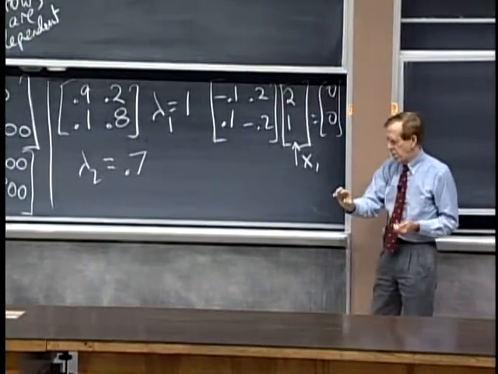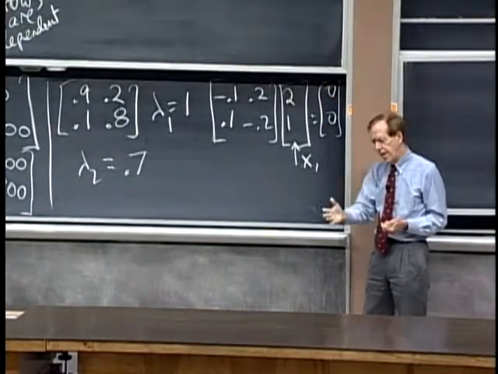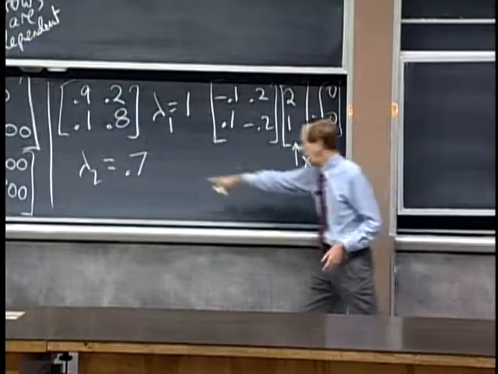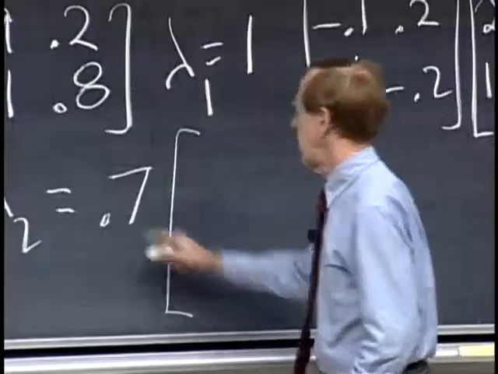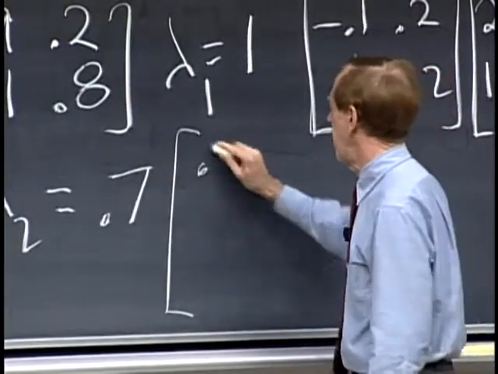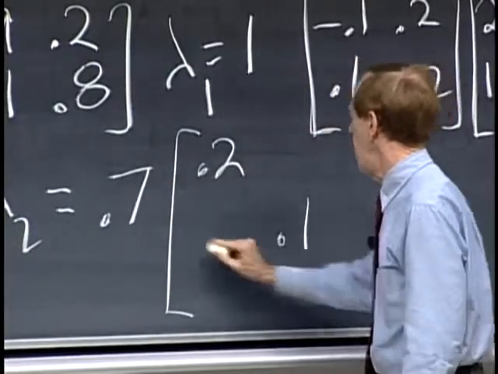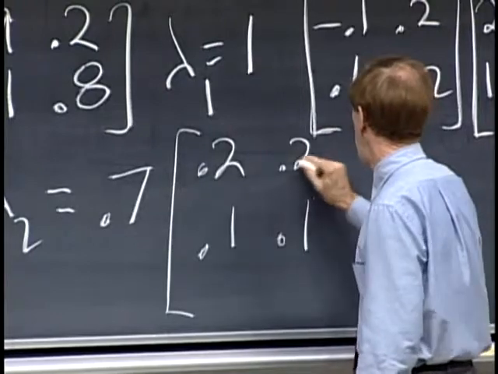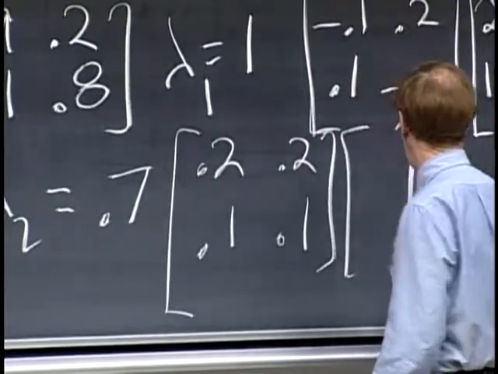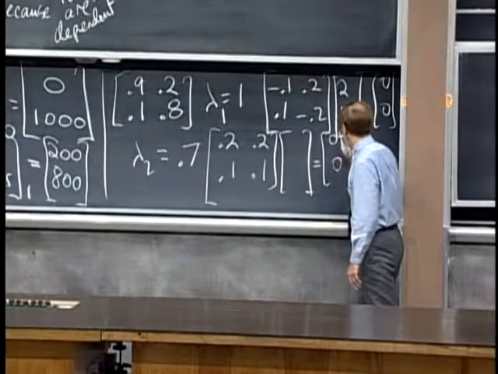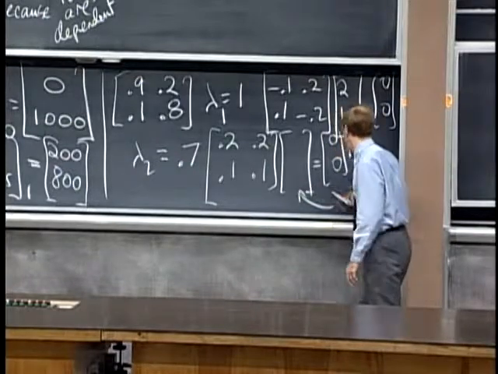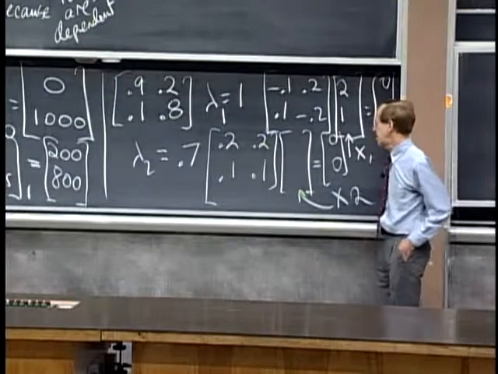But if I want to know what's happened after just a finite number like 100 steps, I better find this eigenvector. So I'll subtract 0.7 from the diagonal, and I'll look at the null space of that one, and this is going to give me x2 now, and what is it? So what's in the null space?